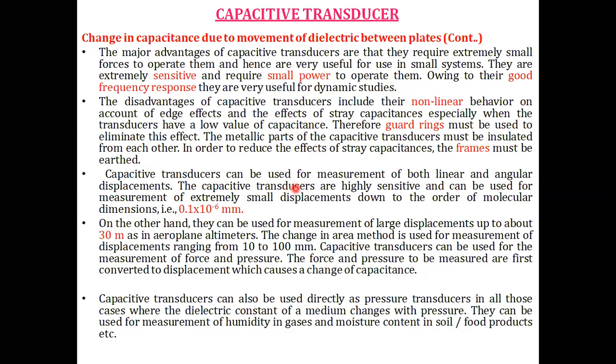The capacitor transducer can be used for measurement of both linear and angular displacement. Capacitor transducers are highly sensitive and can be used for measurement of extremely small displacements down to the order of molecular dimensions, that is 0.1 into 10 power minus 6 mm. That much small an amount is also possible to measure. On the other hand, they are used for the measurement of large displacements up to about 30 meters also, as in aeroplane altimeters.